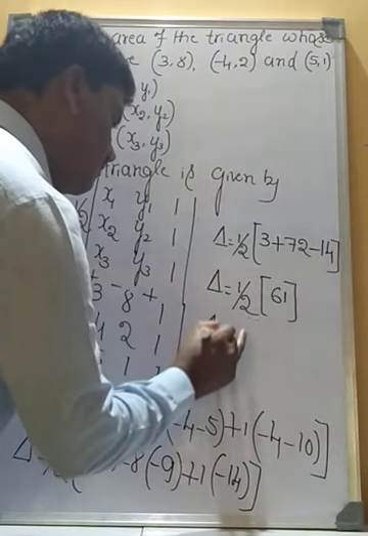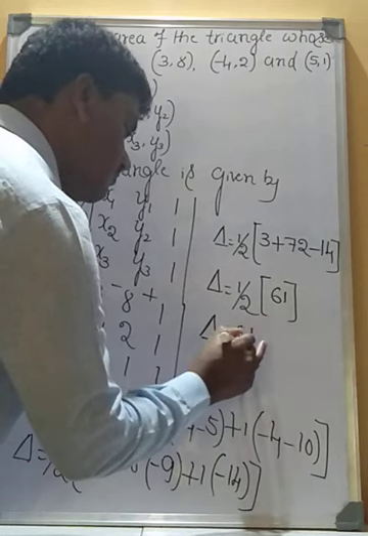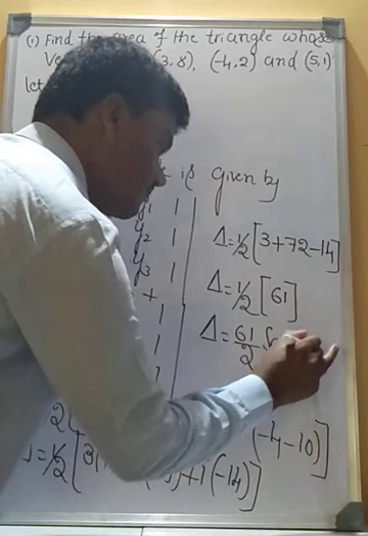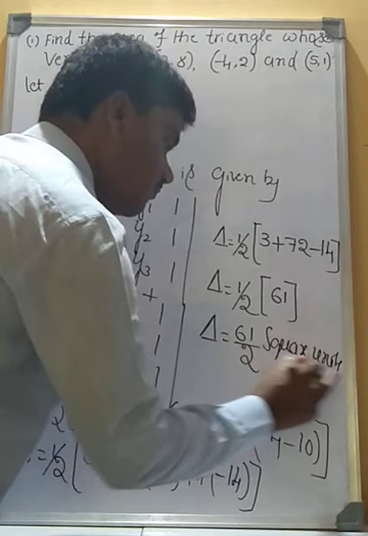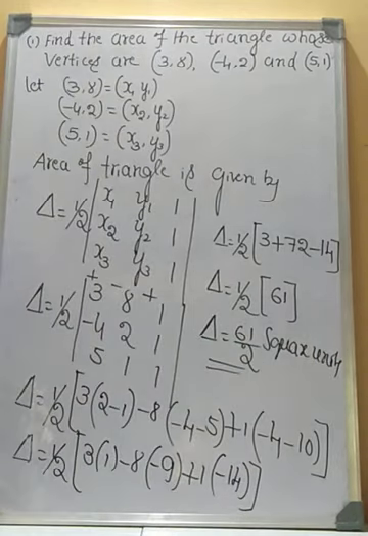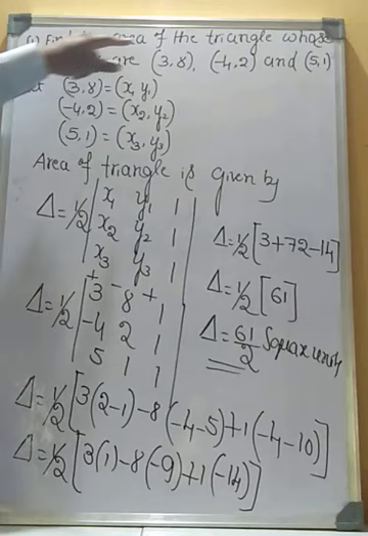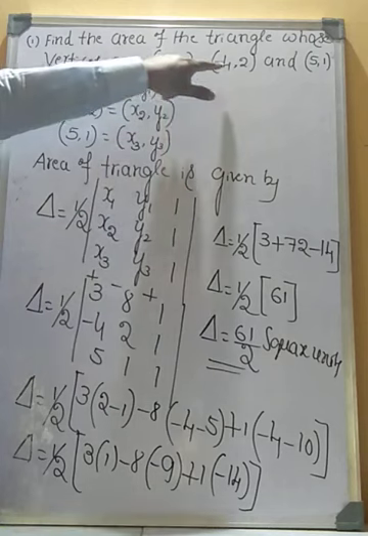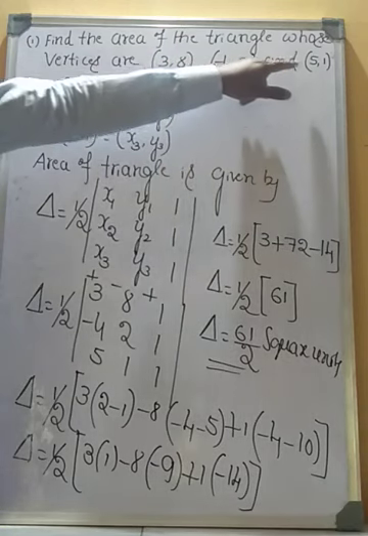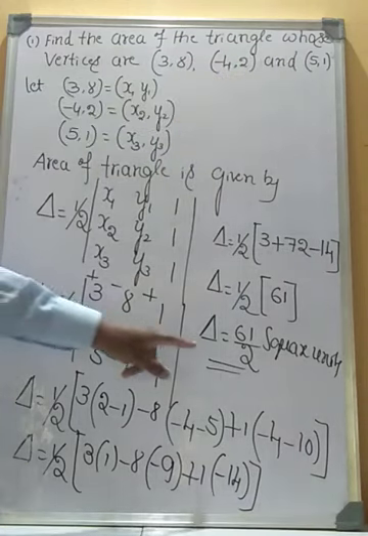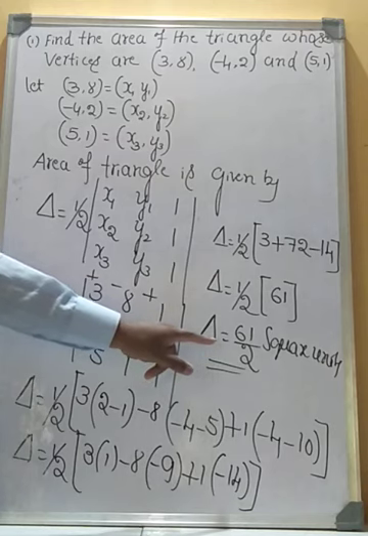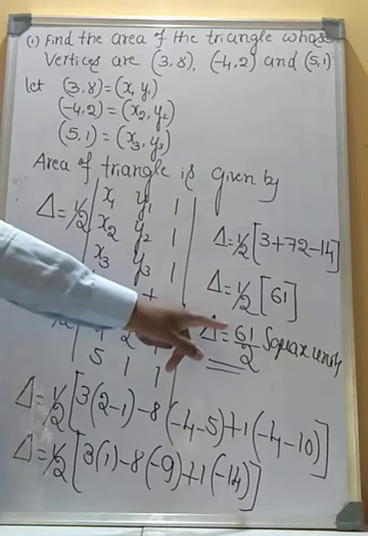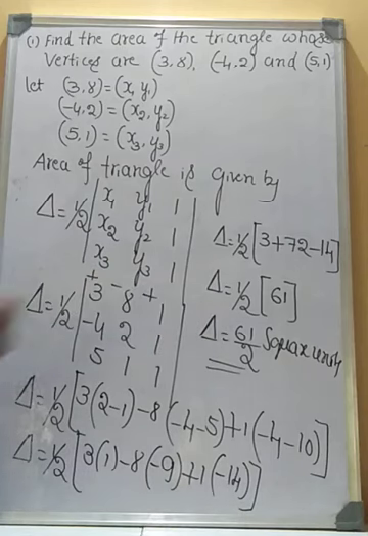Therefore the area of the triangle is 61 divided by 2 square units. So the area of the triangle whose vertices are 3, 8, minus 4, 2 and 5, 1 becomes 61 divided by 2 square units, or we can write 30.5 square units.